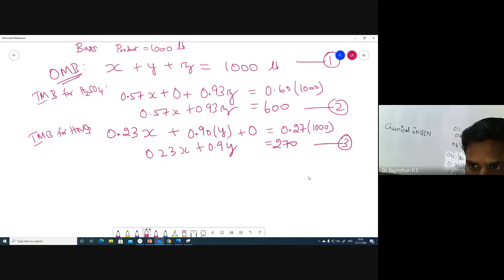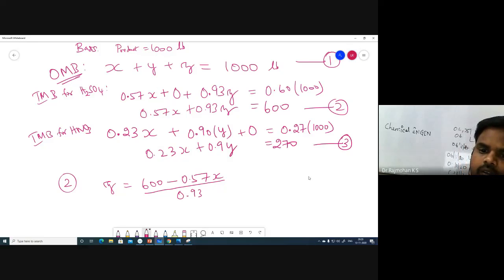So can we rearrange equation number 2? This equation 2 can be rearranged to express z in terms of x: z equal to 600 minus 0.57x divided by 0.93. Remember you can solve it in different ways, depending upon your skill level. I'll do one basic method.